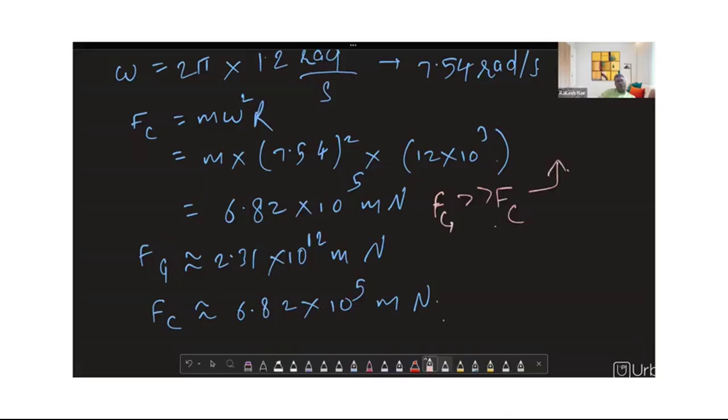So the inward gravitational force is significantly greater than the centrifugal force.